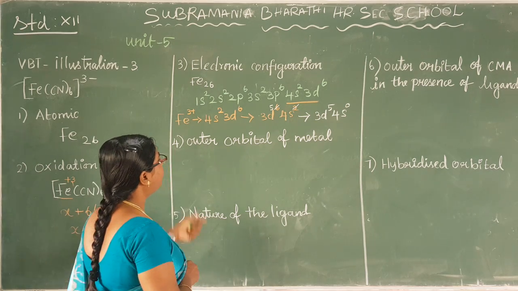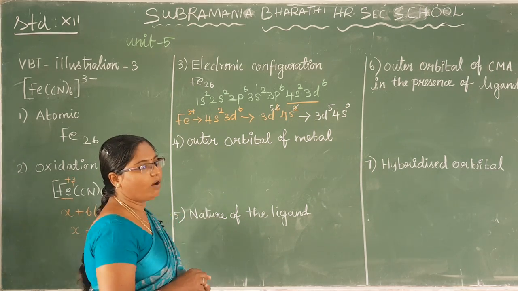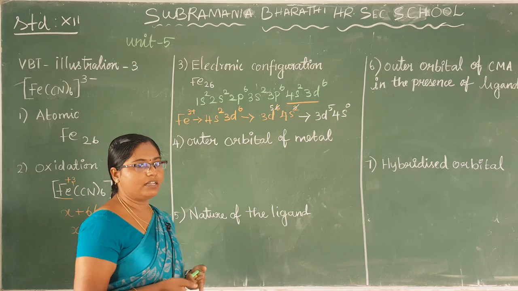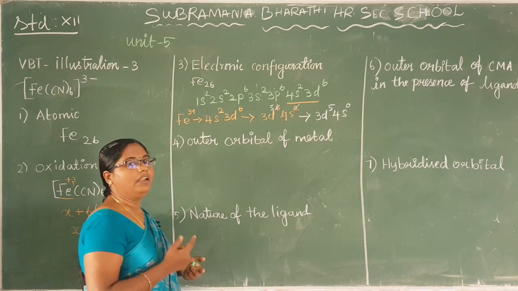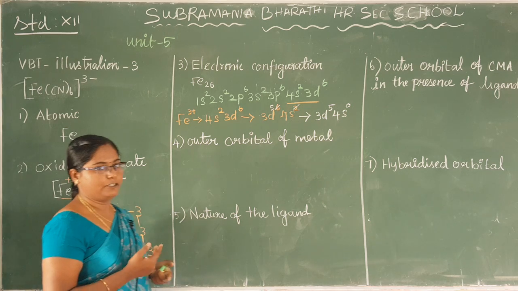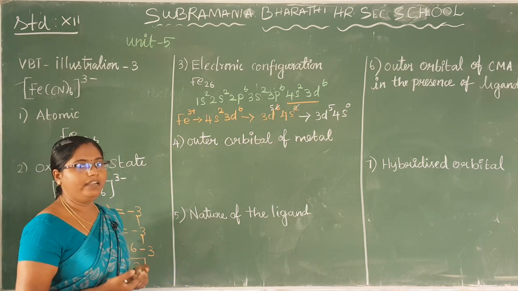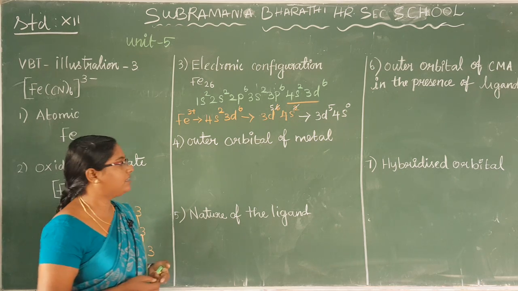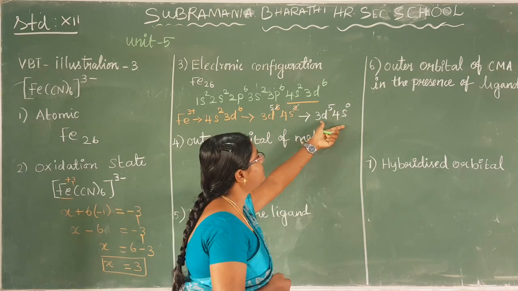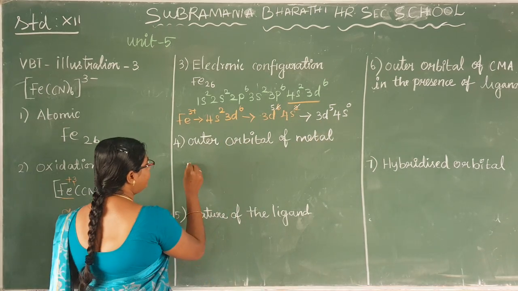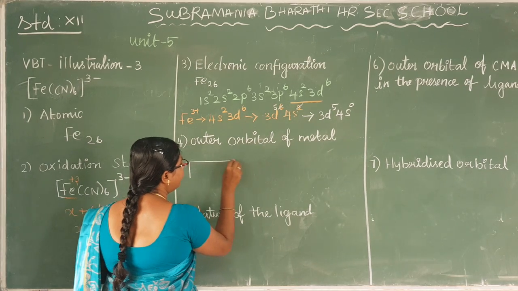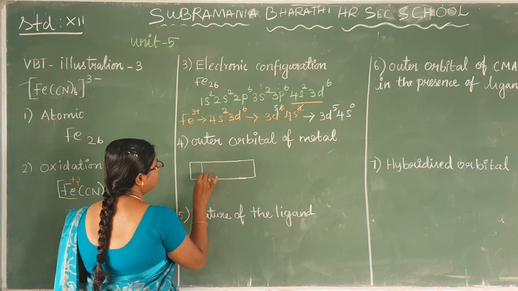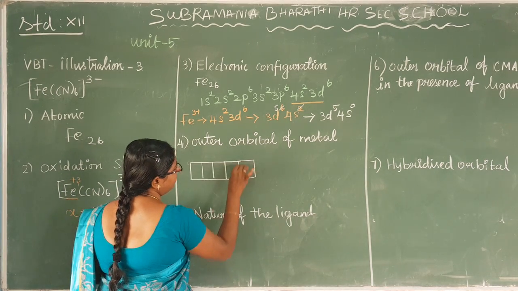Then I have to write the outer orbital of the metal. Already we know how many degenerate orbitals each subshell has. An s orbital has one, p has 3, and d has 5. Our electronic configuration is 3d5, so I have to draw the d orbital set: 1, 2, 3, 4, 5.